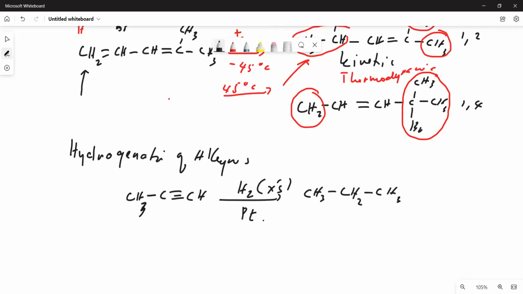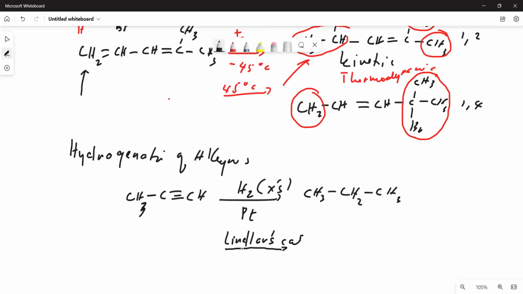So in a controlled process in which only 1 pi bond will be hydrogenated, we use a special reagent which we call Lindlar's catalyst. It is actually a poisoned catalyst, because you have hydrogen gas, but it is mixed with palladium.